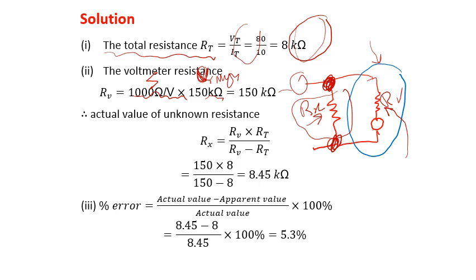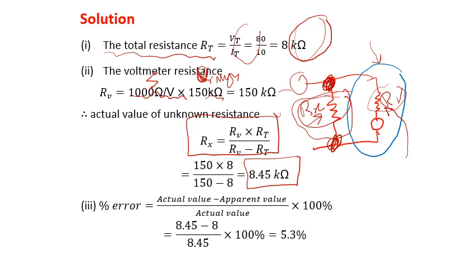Now we have two resistors in parallel. Their total is 8 kilo ohm. Rv is known, and we need to calculate Rx. You can do it any way you like, but I put it here in the form of a formula: Rx equals Rv times R total over Rv minus R total. Substitute, and you will get Rx equal to 8.45 kilo ohm.